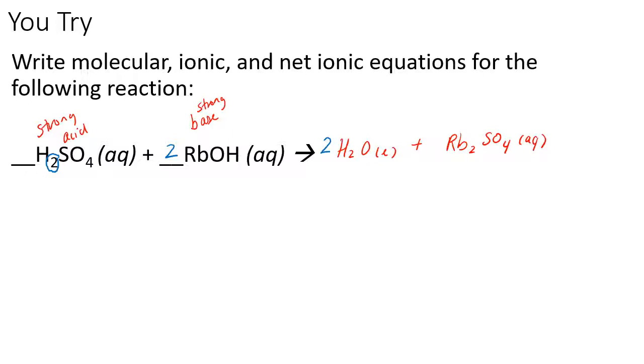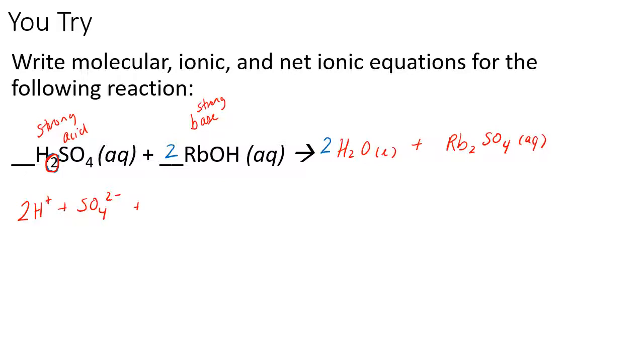We're going to break up our soluble substances and our strong acids and bases for our ionic equation. When sulfuric acid dissociates or ionizes, we get 2 hydrogen ions because there is that subscript of 2 right there. We're going to get 1 sulfate anion.